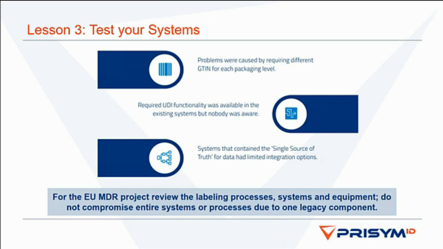The problem was that their device data was designed to have a single identifier, and there was no place to store different GTINs. Now, some systems where it was not possible to make changes to store this extra data ended up splitting this information across different systems. So, for instance, you may have the product data stored in one system, but then the GTINs would be stored as part of the labeling system.